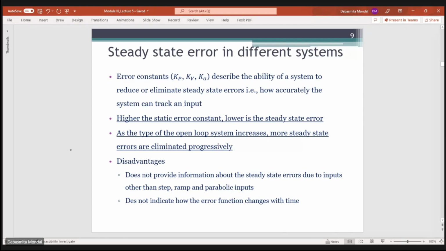Also, as I have already told, as the type of the open loop system increases, more steady state errors are eliminated progressively. So if you know the values of Kp, Kv, and Ka, depending on those values you can find out the final steady state error of your system, provided you know what kind of input is being used to excite the system.